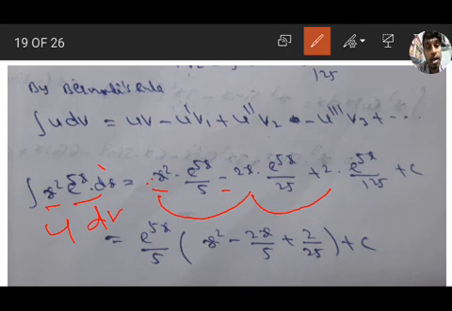Next, dv equal to e to the power of 5x, so its integration is e to the power of 5x by 5.